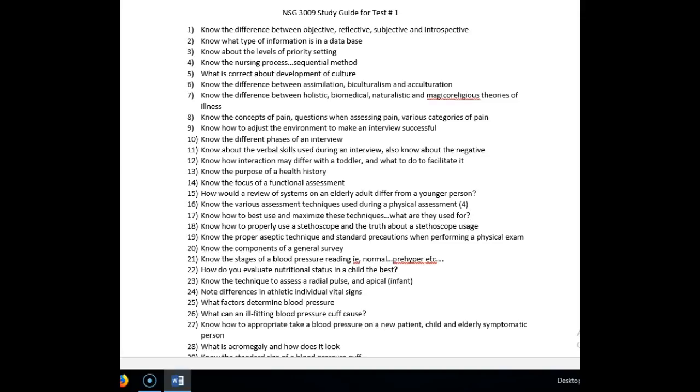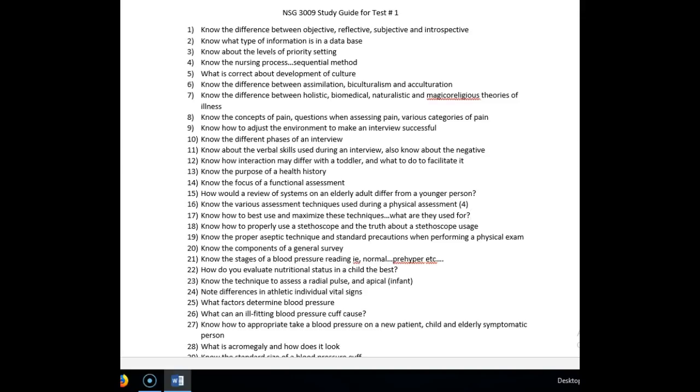The reason why it's important for you to know about priority setting is because you want to know who you want to take care of first. So you want to know what level of priority.